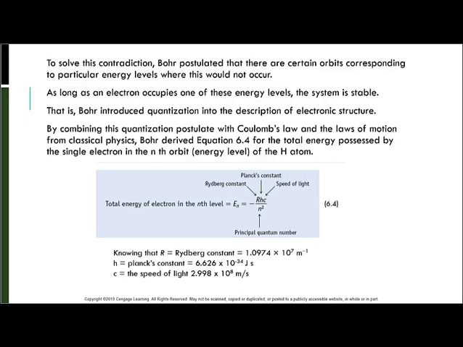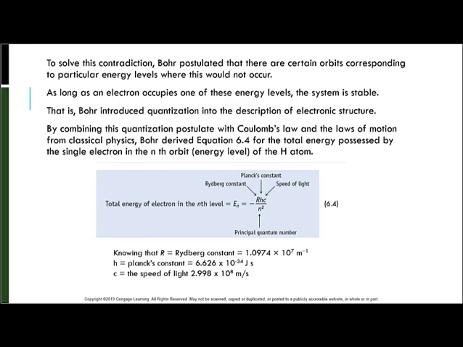To solve this contradiction, Bohr postulated that there are certain orbits corresponding to particular energy levels where this would not occur. As long as an electron occupies one of these energy levels, the system is stable. That is, Bohr introduced quantization into the description of electronic structure.